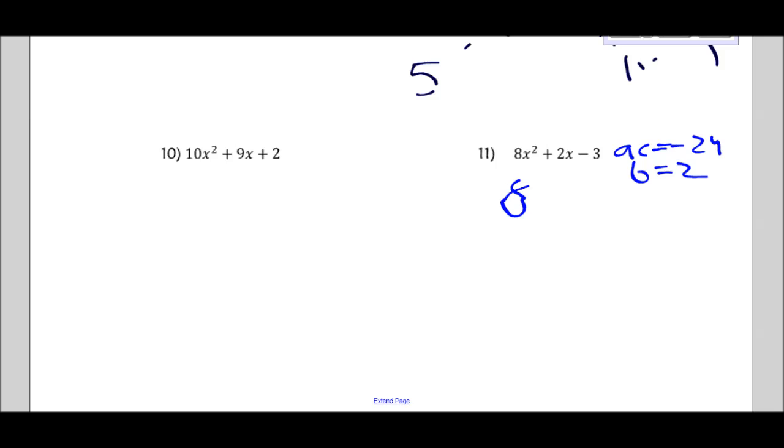Get 8x squared plus 6x in parentheses, and then minus 4x minus 3. And that's because anything that gives you minus 24, 6 minus 4, that gives you 2, so that's right.